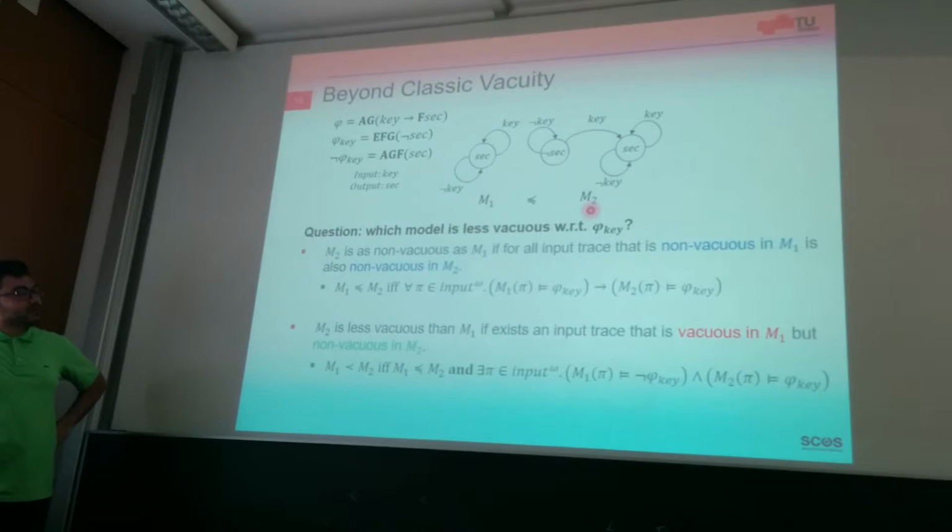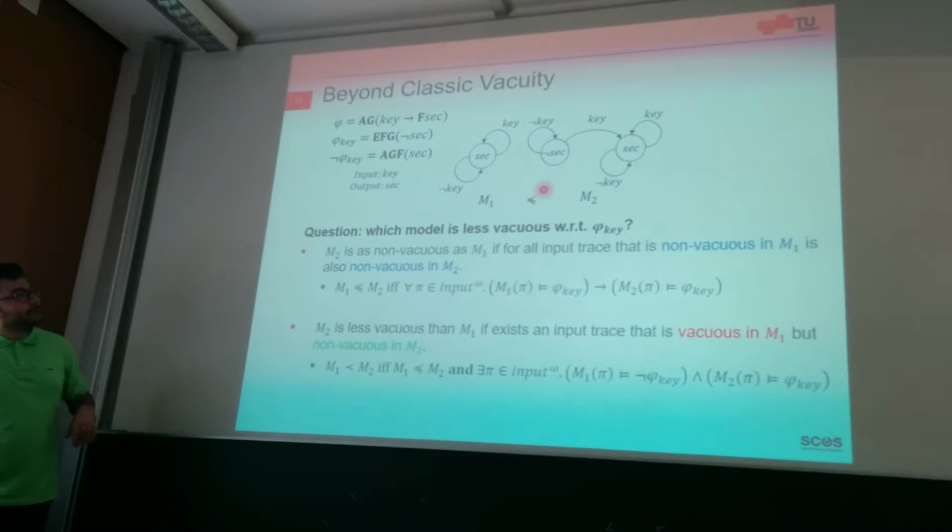What makes M2 less vacuous is at least a trace that is handled non-vacuously in M2. At least one trace in M2 will satisfy the witness formula, and it doesn't satisfy the witness formula in M1, but it satisfies the strengthened version of phi.